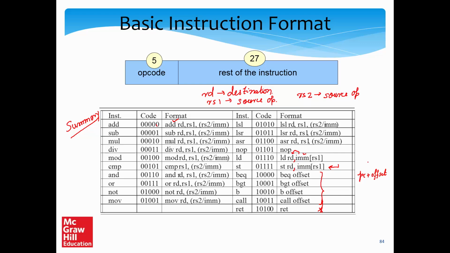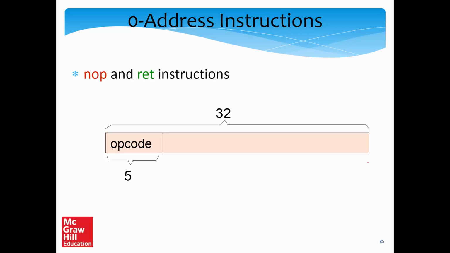So we'll essentially come back to both of these issues. One of them is the format of the store instruction, and the other is the offset in the branch instruction that we shall use. And the ret instruction is simple. It's a simple zero address instruction, so it doesn't take any arguments. So let's first look at the low hanging fruits, which are the nop and ret instructions.